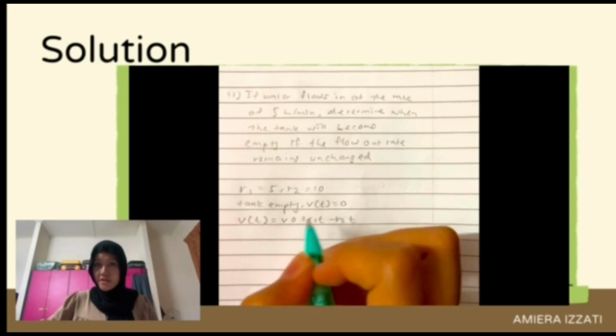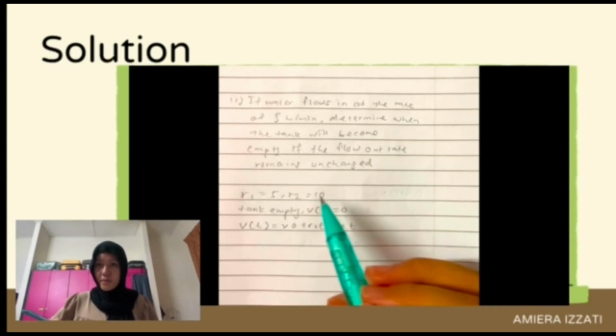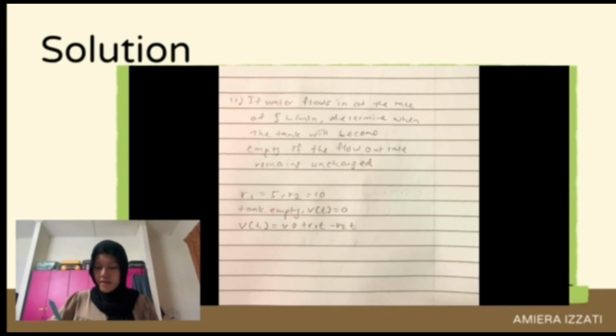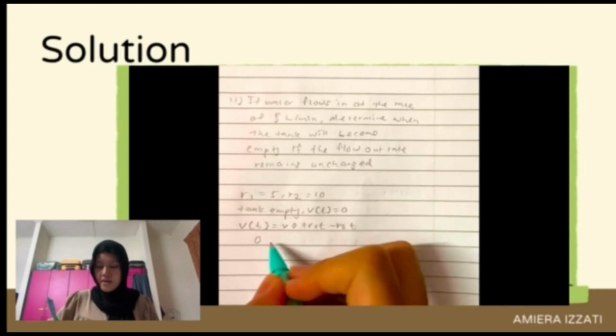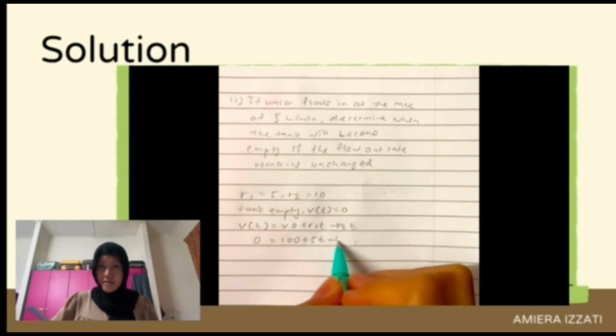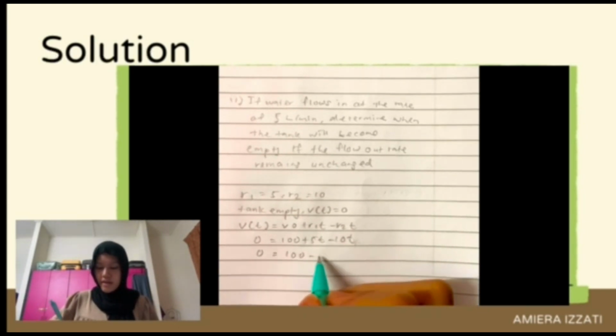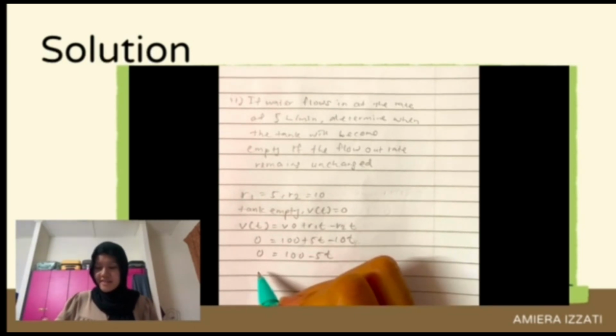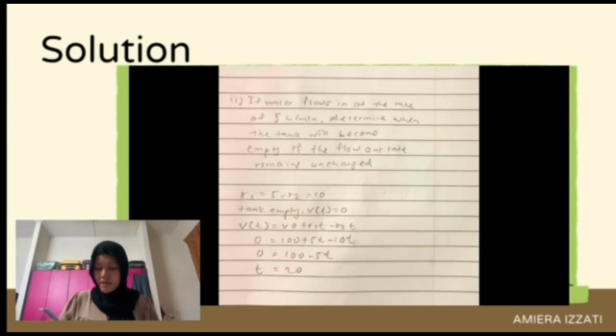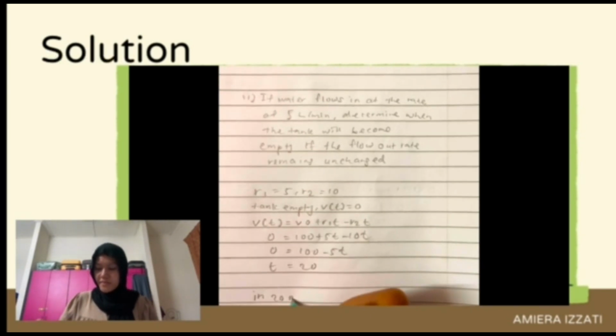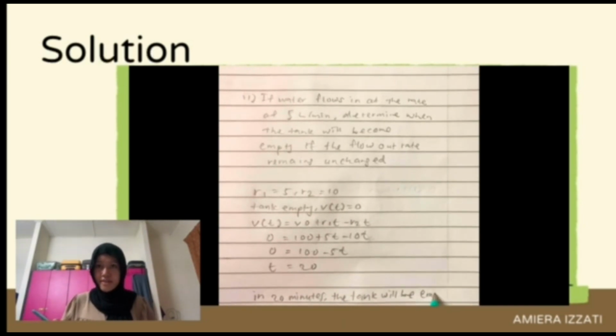We will now substitute this into the V(t) formula, which is V0 plus R1t minus R2t. After substituting, we will get 100 minus 5t, and since V(t) is 0, we are now able to find the value of t, which is 20. With this, we can conclude that the tank will be empty in 20 minutes.